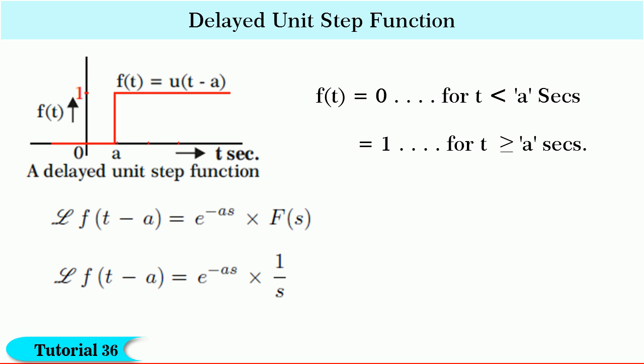By using the time shifting theorem, we know that L of f of t minus a is equal to e to the power of minus as into f of s, and hence we get L of f of t minus a is equal to e to the power of minus as into 1 divided by s.